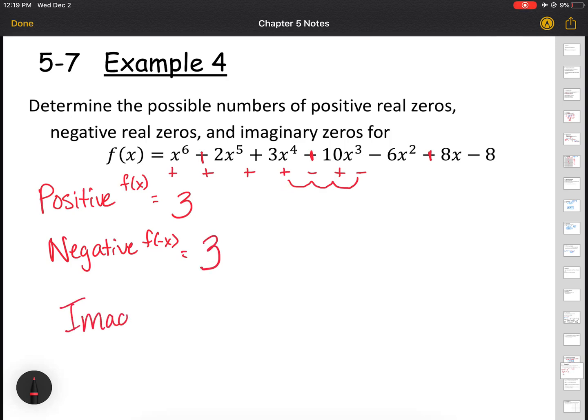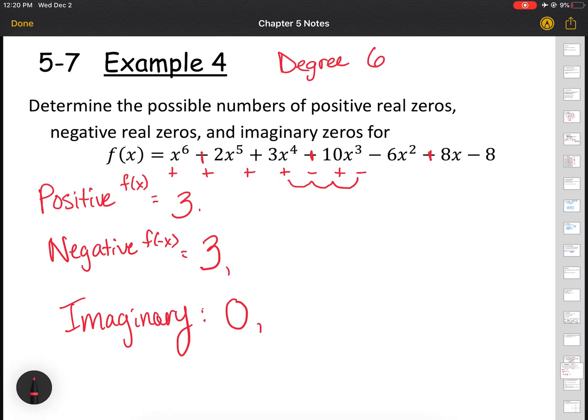And if I look at the imaginary, the possible zeros I can have is 6 because my degree is 6. So I can have 3 plus 3 right now, 3 positive and 3 negative already gives me 6, so I could have 0 imaginary.